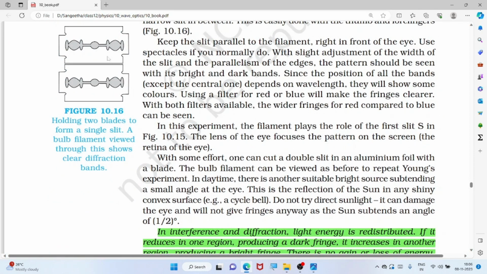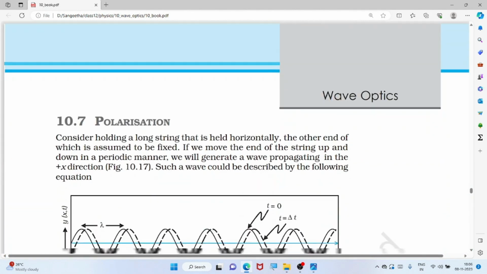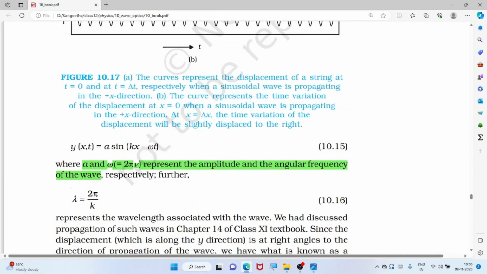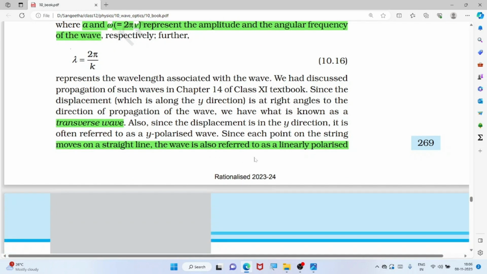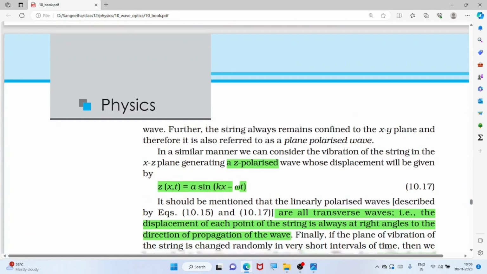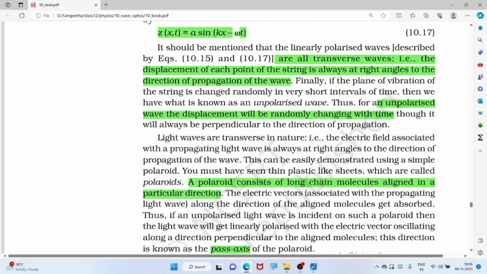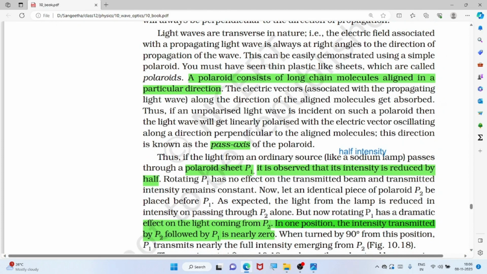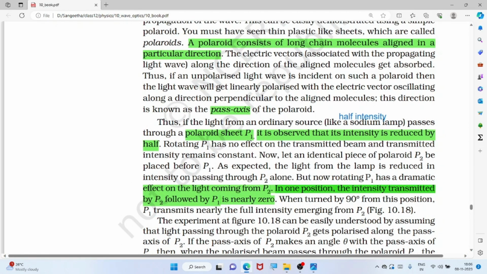You can do the experiment with blades only. Polarization. See the fast axis of the Polaroid.